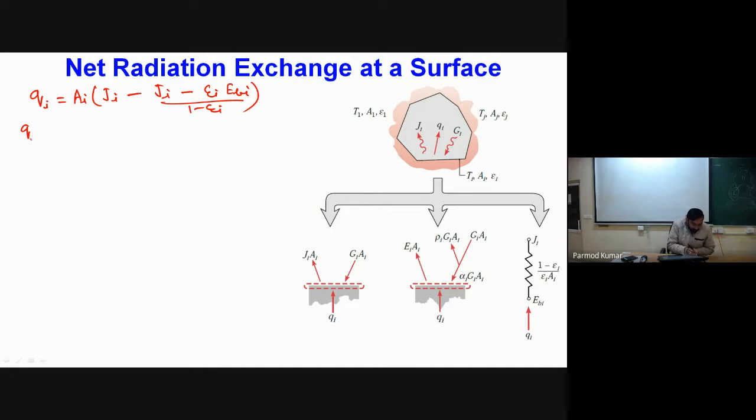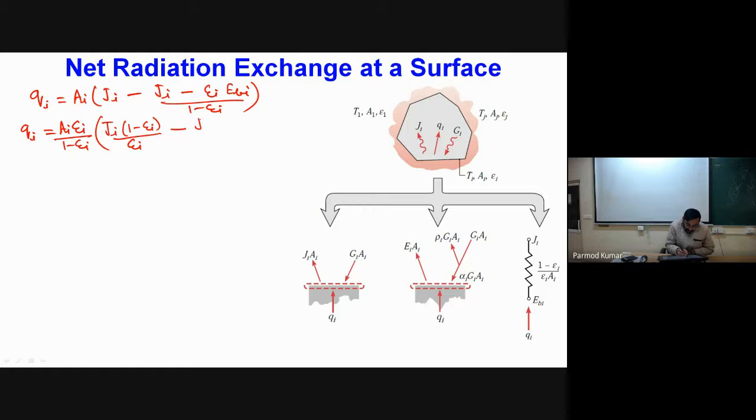Okay, so if I now take this epsilon i divided by 1 minus epsilon i as common, here I will find Ji into 1 minus epsilon i upon epsilon i.